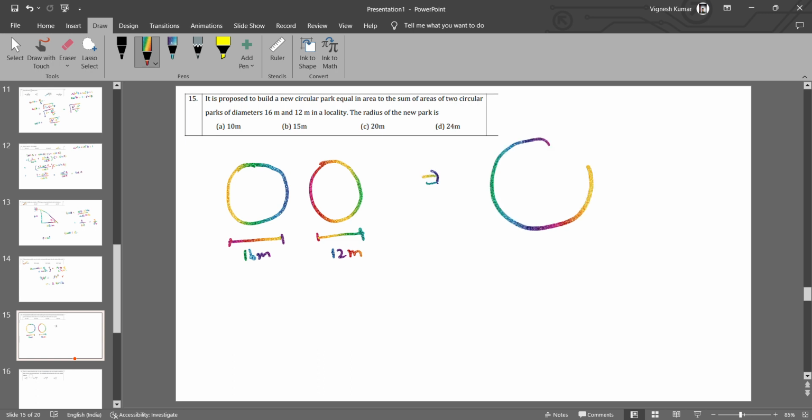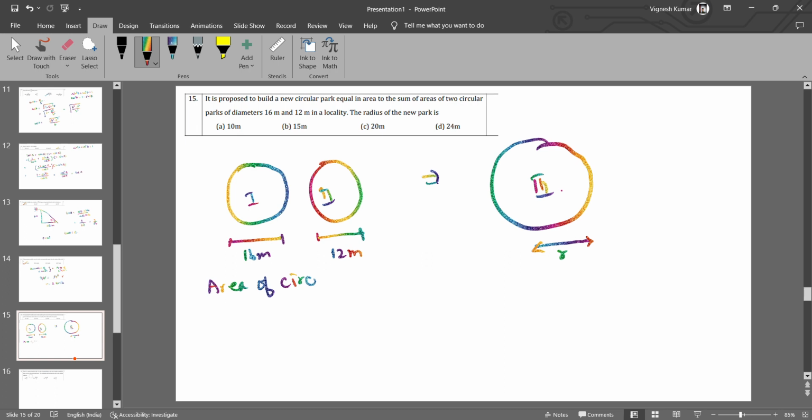So now they are going to construct a single circular park of some radius which we don't know, which we have to find, and they have given the condition like this: the new circular park which is going to be built, its area is equal to the sum of the areas of the first and second circular parks.